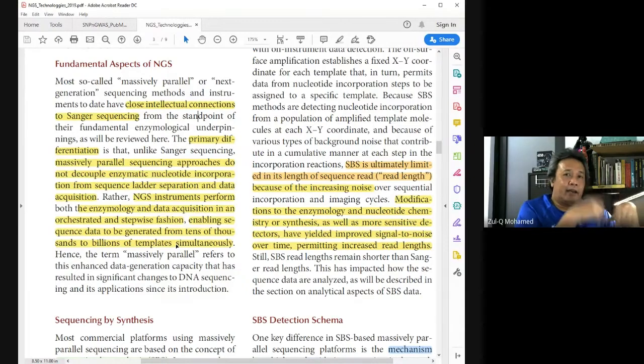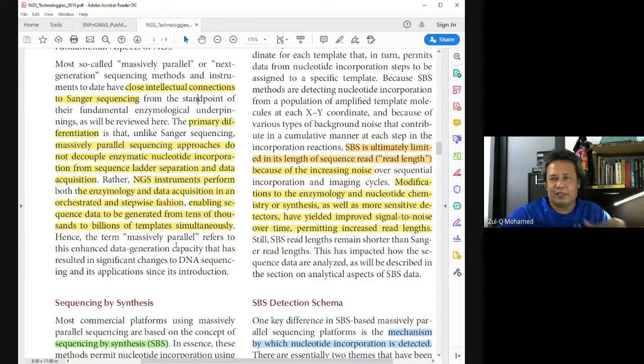Nowadays, with capillaries, I think you can sequence up to 96 samples, maybe I'm wrong. The point is, NGS allows you to sequence billions, because it is only limited by the size of the chip. So in terms of generating sequence, this is one superior step.